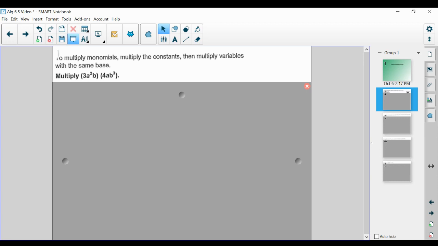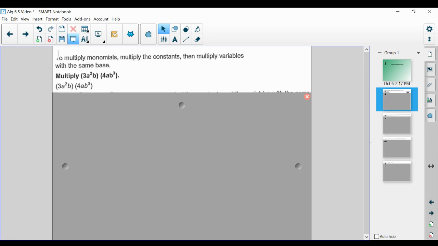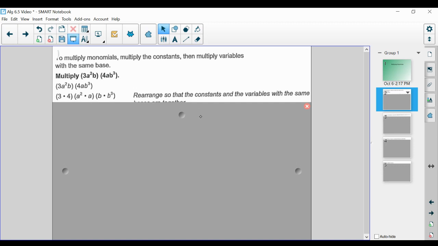So every single factor of this whole problem is getting multiplied. So we are allowed to use some properties of multiplication to move around some of the aspects of the problem. We can rearrange that the constants and the variables with the same bases are going to be together. Notice how we now have 3 times 4, we have a squared times a, and b times b cubed.